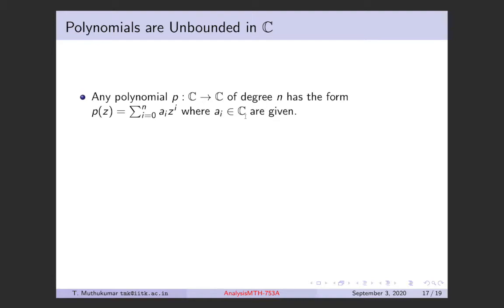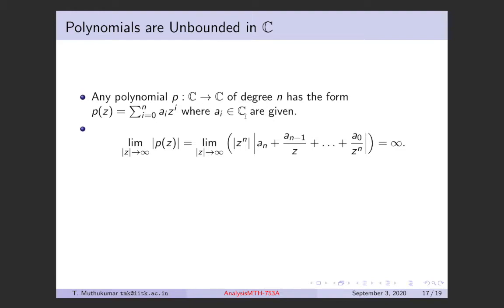Now, there's an interesting property of these polynomials: they are unbounded in C. In C or in R, it's true even in R. What I mean by unbounded is that as you approach infinity, the polynomials also blow up, right? They also approach infinity.